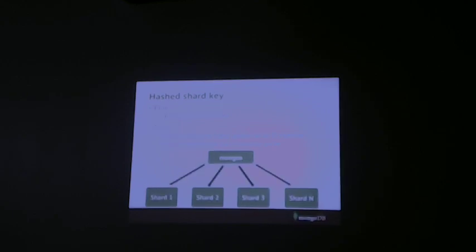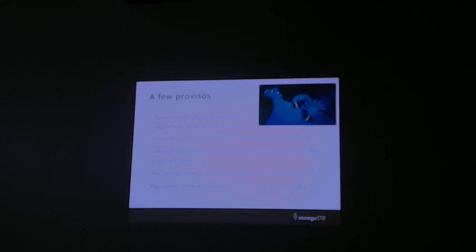So that is a potential downer. And like I said before, range-based queries turn into scatter-gather. So you basically can't do range-based queries. But there's another reason why we can't use hash shard keys in our scenario. Hash-based sharding does not support tag-aware sharding. So that is a reason why we can't use it in this particular use case.